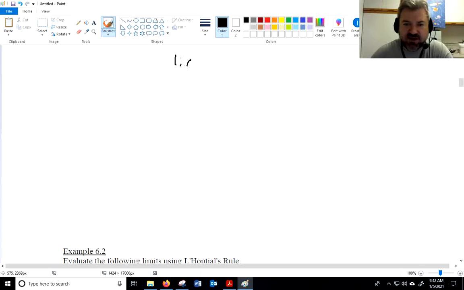We're going to start with the fact that we're asked what the limit as x approaches a value c of f of x over g of x is, okay? Okay, so if that's true, then let's take a look at this.